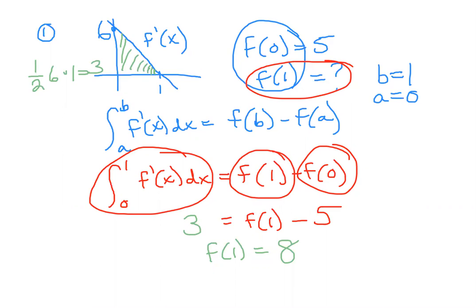Number 2, let's do number 2 in multiple choice. Pizza is heated to a temperature of 350 degrees, is taken out of an oven and placed in a 75-degree room at t equals 0 minutes. The temperature of the pizza is changing at that rate. So what is the temperature of the pizza at time equals 5?